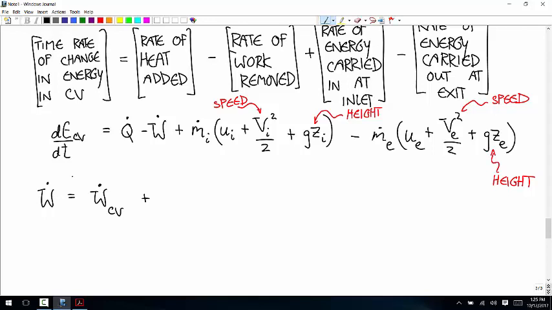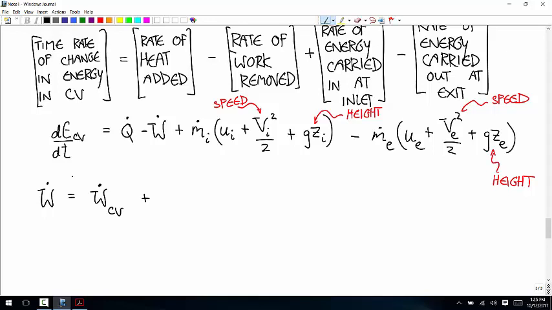So at the inlet, the stuff coming in is applying a force to the control volume. I'm just trying to explain these signs. Think about the work done.